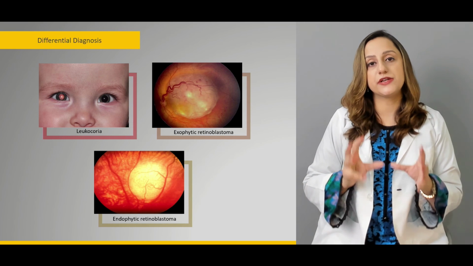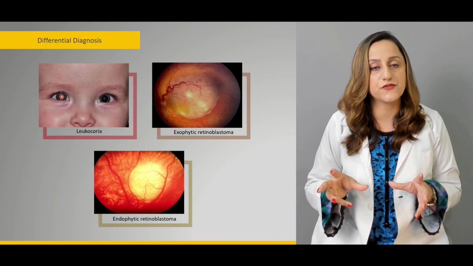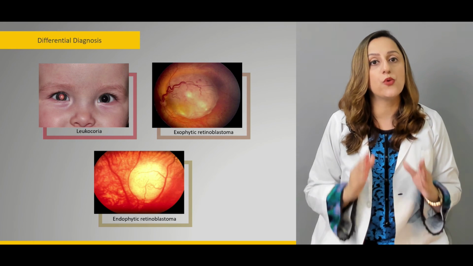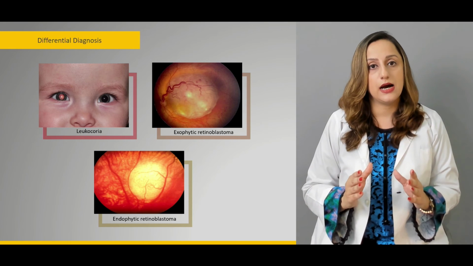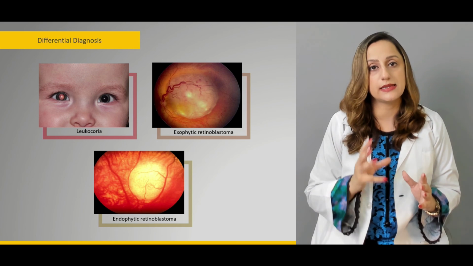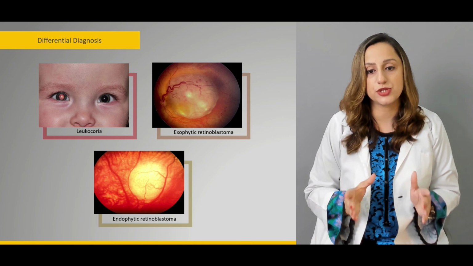So these are the differential diagnoses for leukocoria. It's not just retinoblastoma that you have to keep in mind. You have to further investigate the patient and find out the cause of this white pupillary reflex defect that has occurred in the infant. The further investigation is going to reveal the situation.